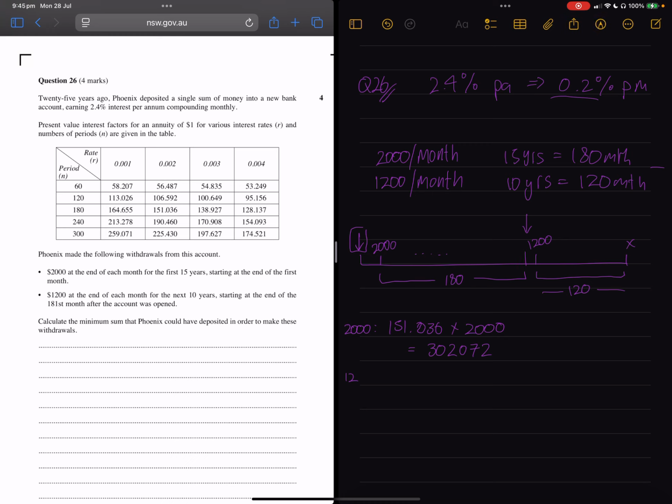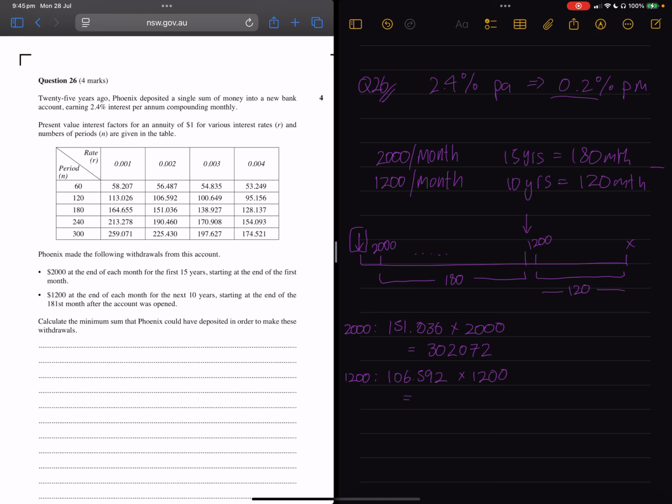How much would you have to have in the account remaining at the end of the $2,000 withdrawals to get 120 $1,200 withdrawals? So 120, 0.002, that's 106.592.